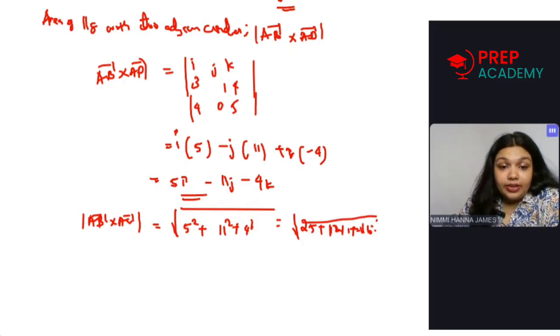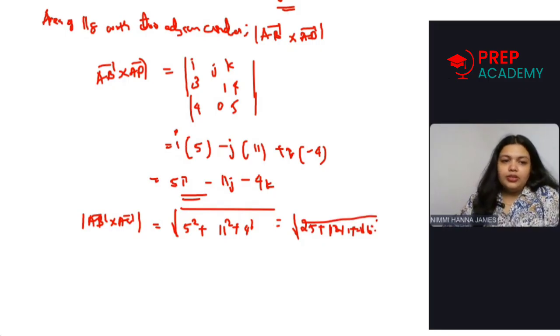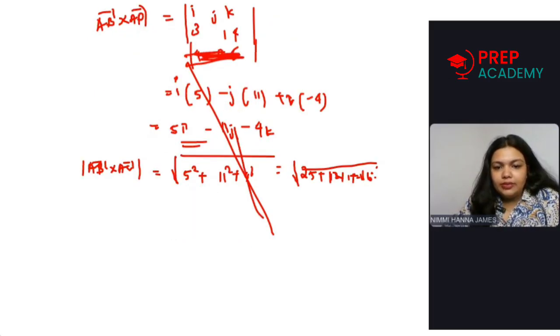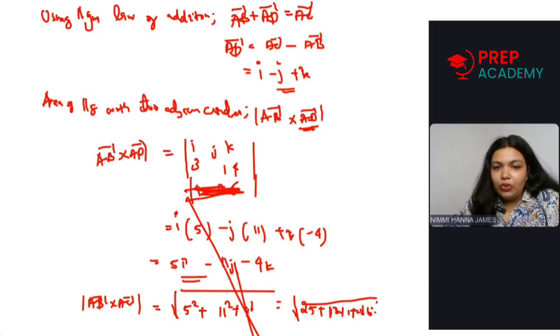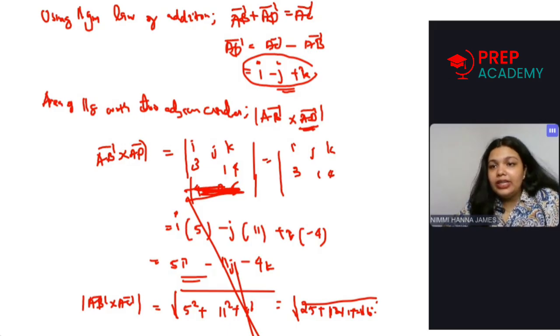Oh, sorry, my mistake. We had to do the AD vector, right? We found the AD vector, but I accidentally wrote this diagonal AC itself here. It was IJK 3, 1, 4 and 1, minus 1, 1. Okay, 1 minus 1, 1. That was the correct answer.